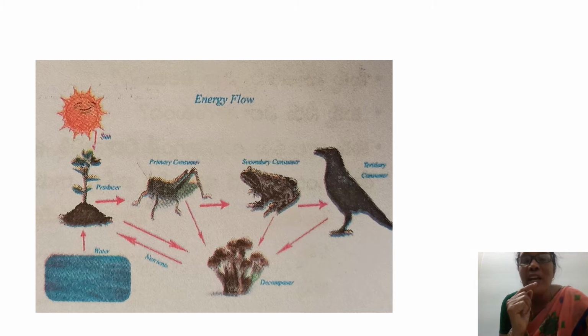And one more animal is there. What's the third animal that is eating? Yes, that's the crow. What's the crow eating? Here the crow is eating a frog. So crow is the tertiary consumer. No? Plants are producers. Here primary consumer is there.